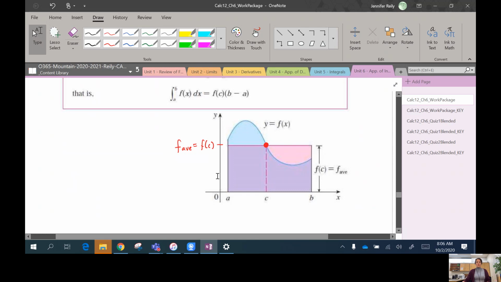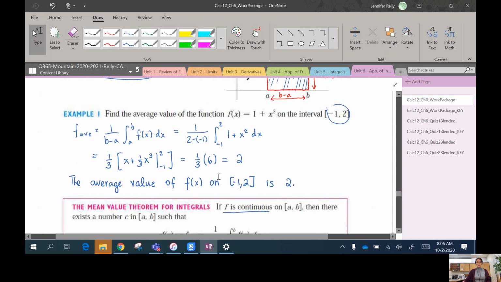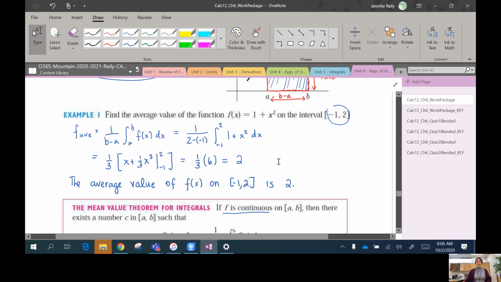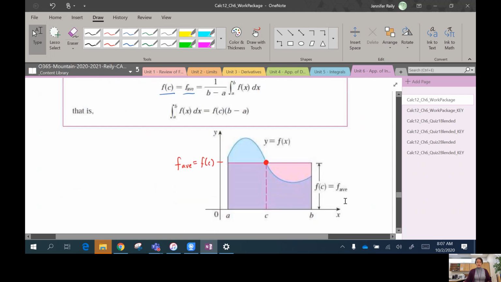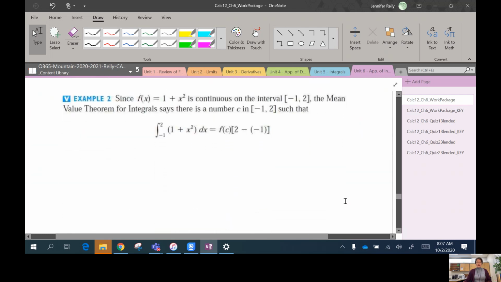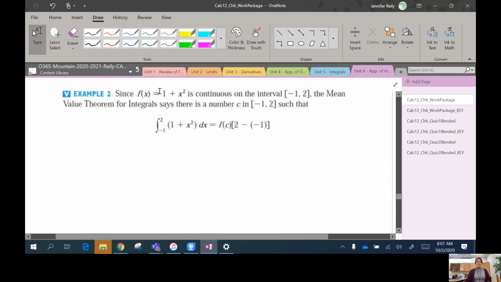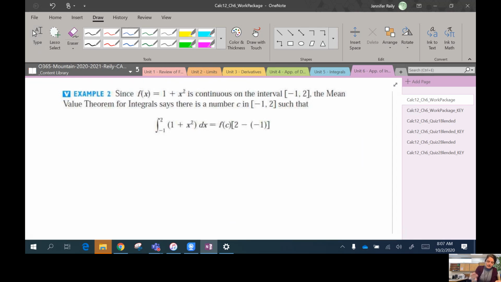So let's do this with the same function we were just working with, 1 plus x squared. We already know the average value is 2, so let's see if there's a point on this curve where this function is exactly 2 between x equals -1 and x equals 2. Let's apply this theorem. Okay, and we know this is continuous, right, because it's a polynomial. So let's find this number c.